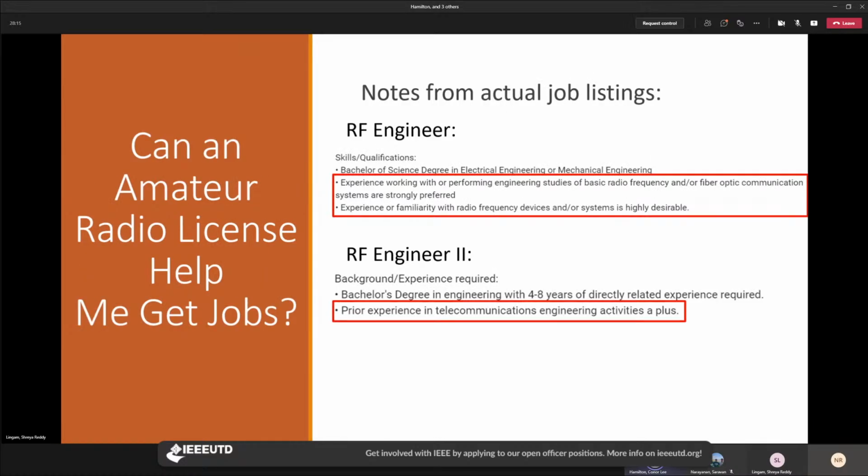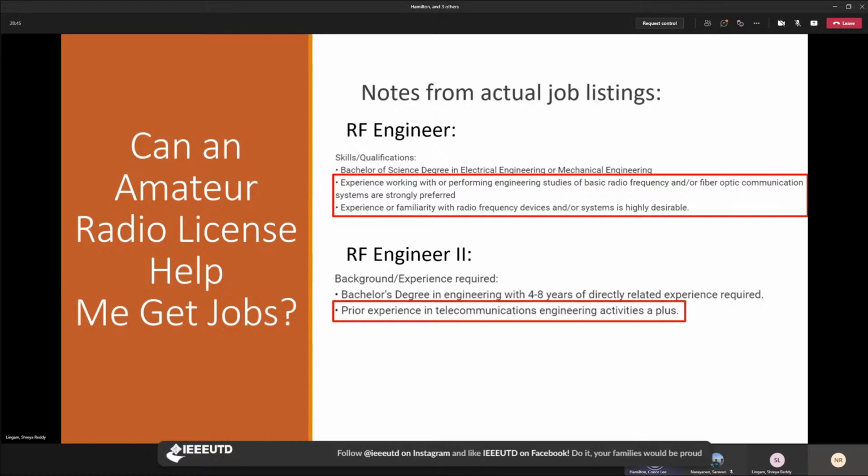So in the next slide, if we move on, we can see how does getting an amateur radio license actually help me get a job. So I've pulled from 2 different job listings, one from an entry-level RF engineer and the second from a second-level RF engineer. So in the first job listing, we can see, okay, obviously they want you to have a bachelor's degree in EE. But the second and third bullet points bring up 2 good topics for us, especially learning about amateur radio.